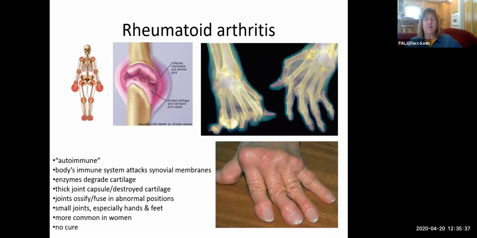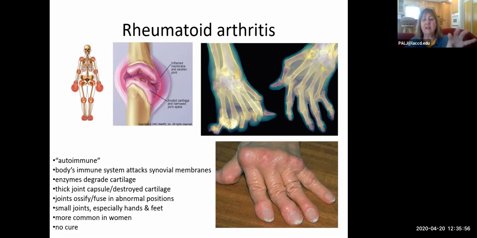The second type of arthritis is rheumatoid arthritis, and this is what we call an autoimmune disease. What does that mean? It means your immune system, for some reason, is thinking that your synovial joints are not part of you.